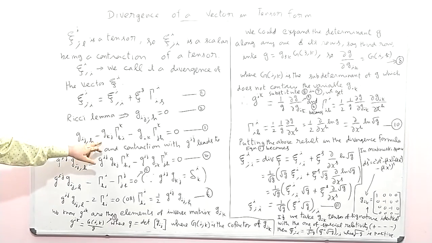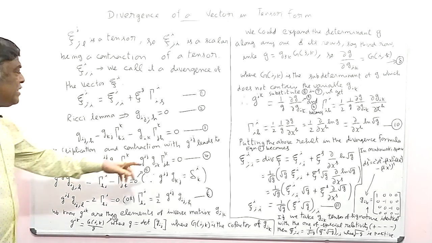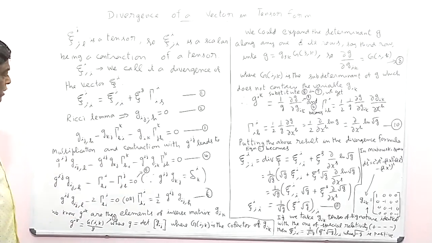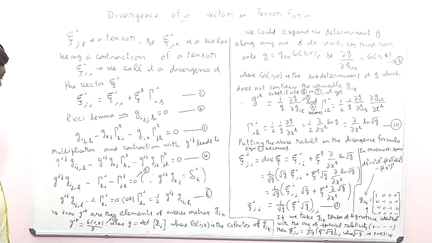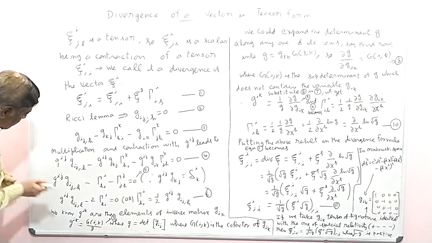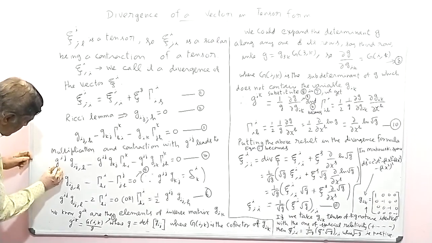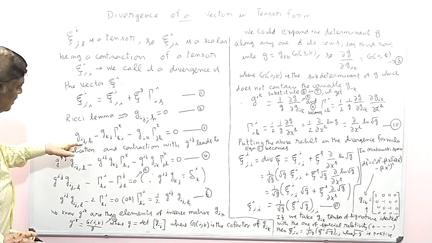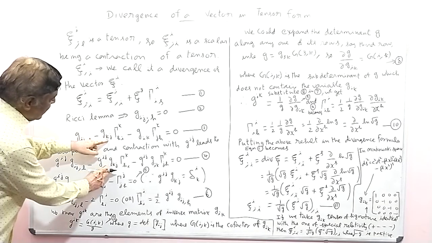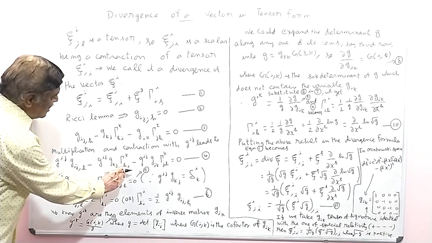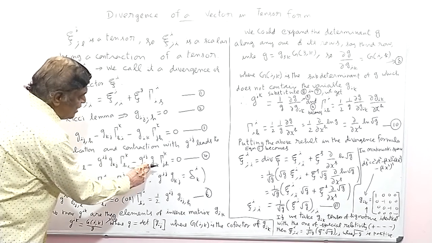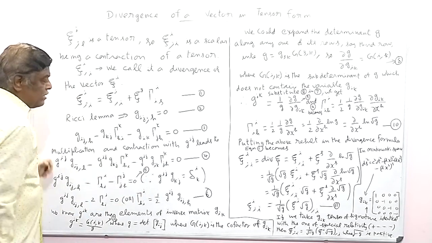Now in this expression 3, you multiply by g ij on both sides, term by term, and make a contraction. So this is g ij times g ij comma k h minus g ij g kj gamma k i h. If you multiply g ij here, the term is g ij g ik gamma k j h, which is 0.